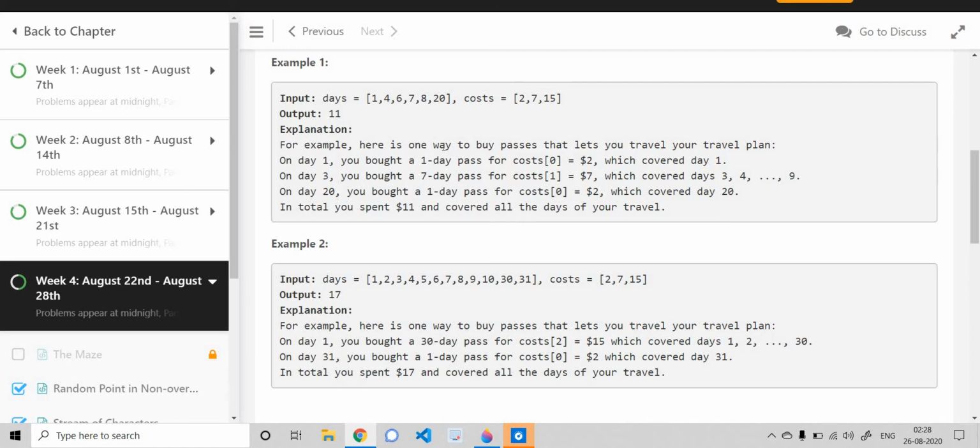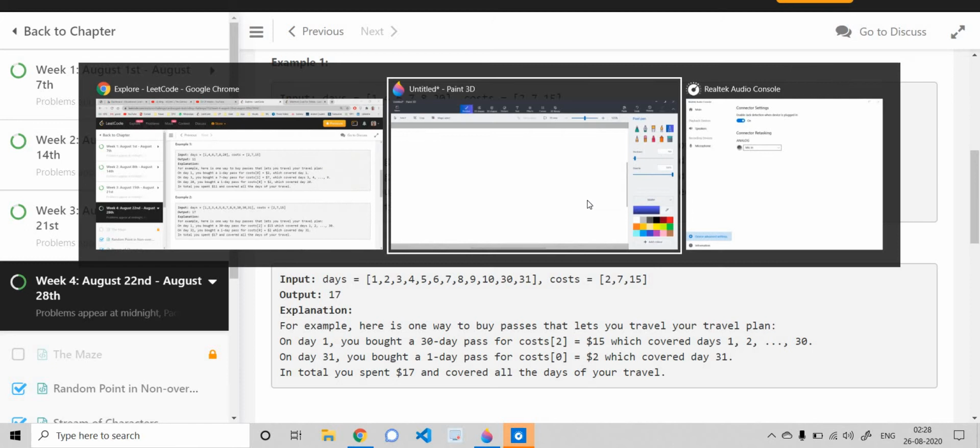So here the minimum money we need would be 2 plus 7 plus 2, that is 11. Also we could have bought the second pass on day 3. It also would have covered day 4 to day 8, all these days. Yes, so let's see what we can do to solve this problem.